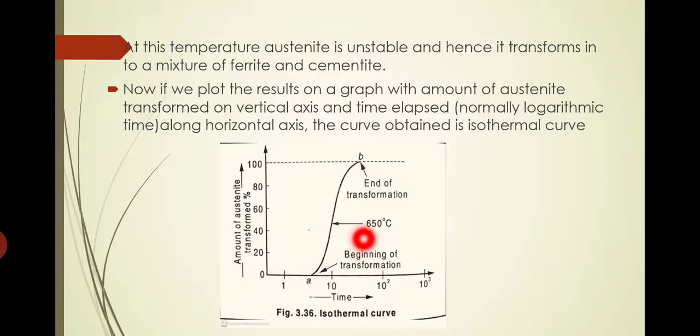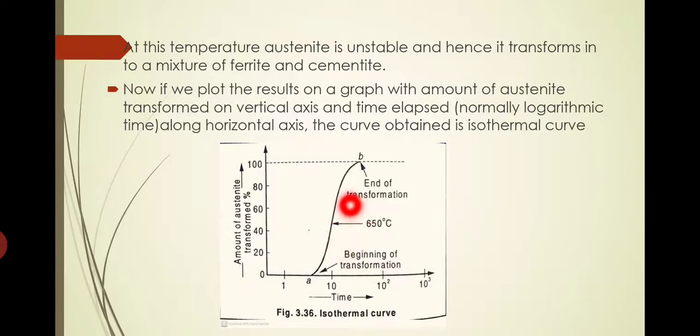Slightly, the austenite is no longer stable, as I have already told. That unstable austenite will start to transform into ferrite and cementite. Gradually the ferrite and cementite structure will be formed within the solid which is getting cooled in the bath. That transformation will take some time.